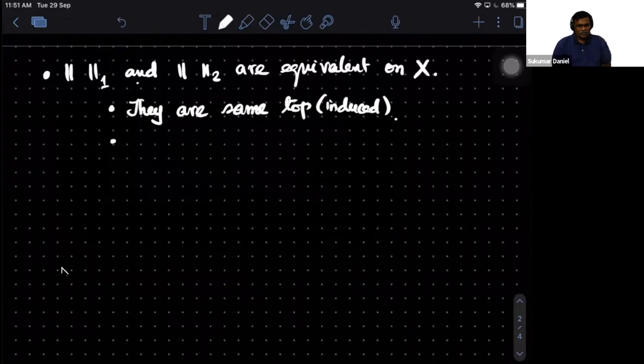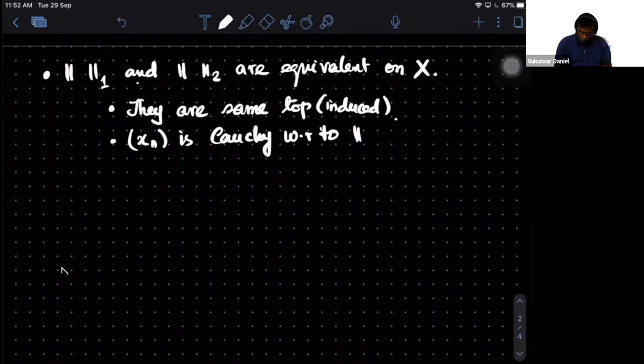But there are other notions we defined using the norm. What can you say about Cauchy? Suppose x_n is a sequence, is Cauchy with respect to say one norm. Can you see that it is also Cauchy with respect to the other norm?